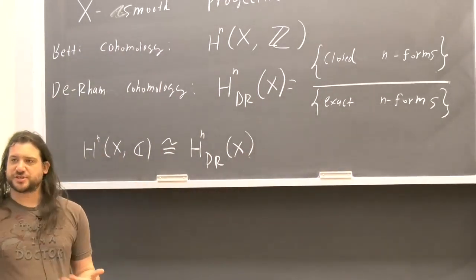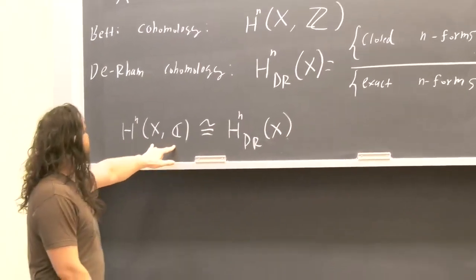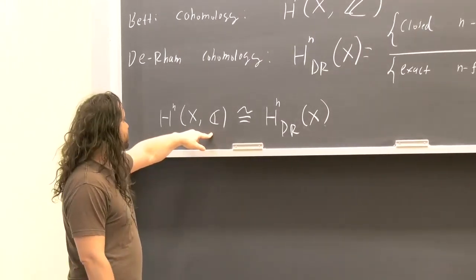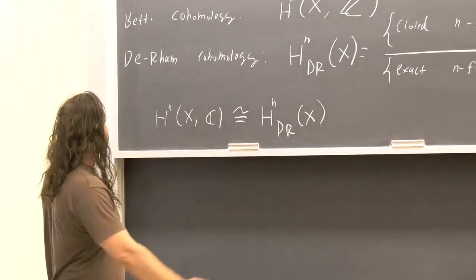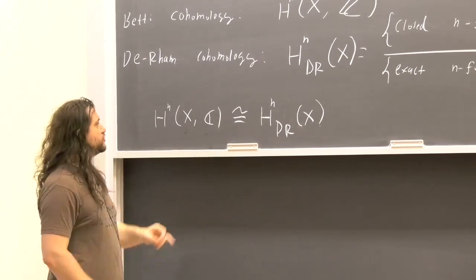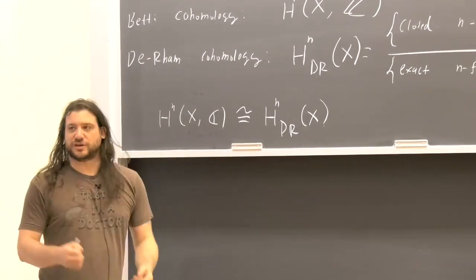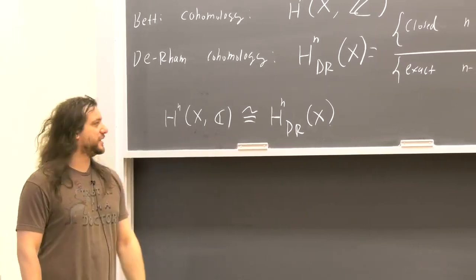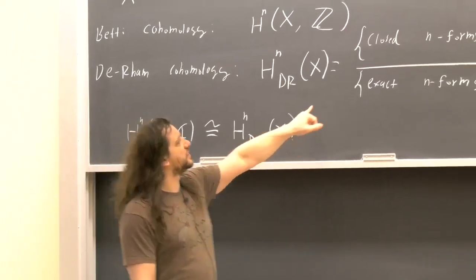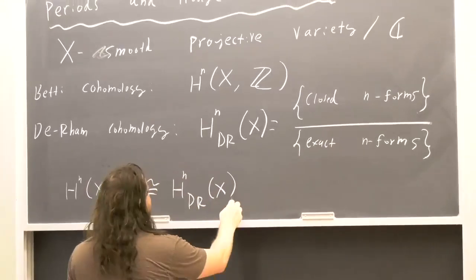And what's the isomorphism? Just to get super explicit, well, this side is singular cohomology classes. So essentially, given a closed manifold inside here, the class of one, we have to give a number on it, we have a functional on such things. This side gives us closed n-forms, mod exact n-forms.